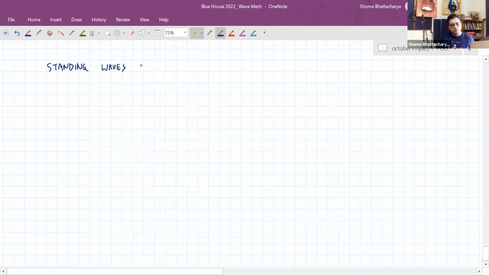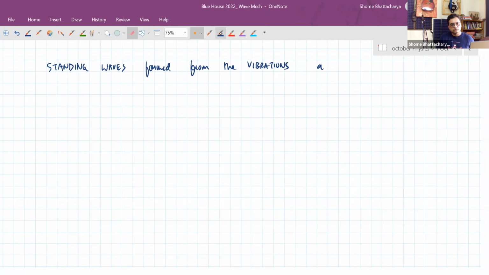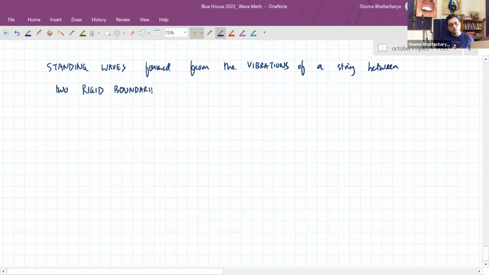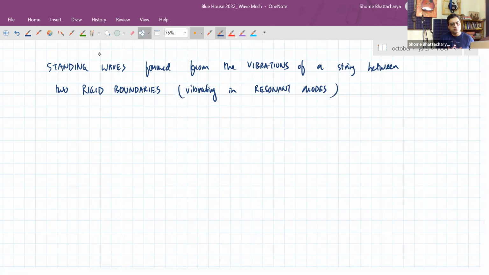Standing waves formed from the vibrations of a string between two rigid boundaries, vibrating in resonant modes. This situation we'll understand.